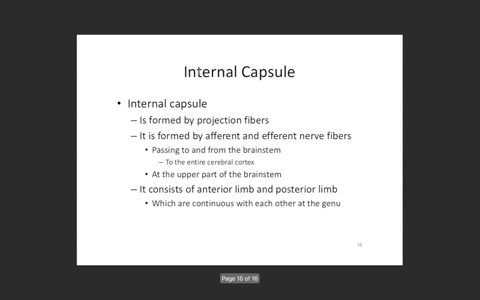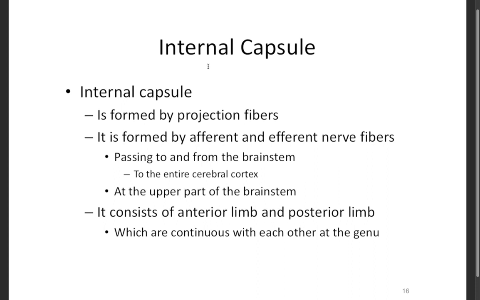Actually, the internal capsule is a center part of the cerebrum. The internal capsule is formed by projection fibers, as we have mentioned. It is formed by afferent and efferent nerve fibers, as also we have mentioned.